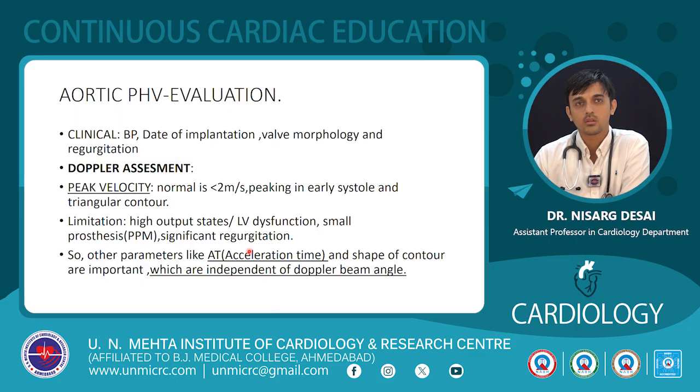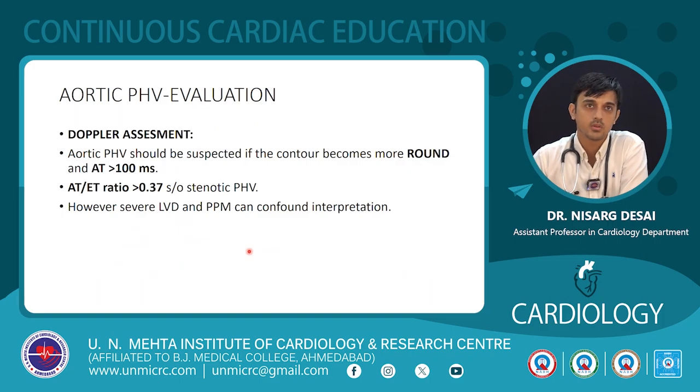This can cause considerable confusion while evaluating the prosthetic heart valve. So standalone peak velocity cannot be taken as a marker of anatomical obstruction. So there are other parameters, that is acceleration time, which are independent of Doppler beam angle. The normal value is less than 100.